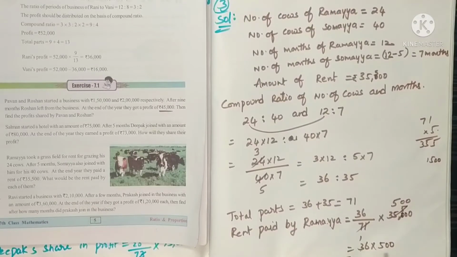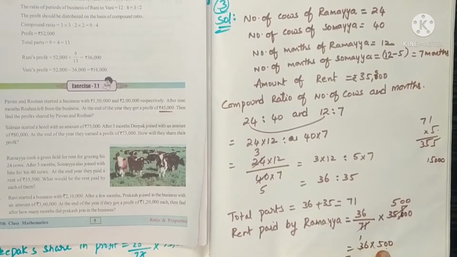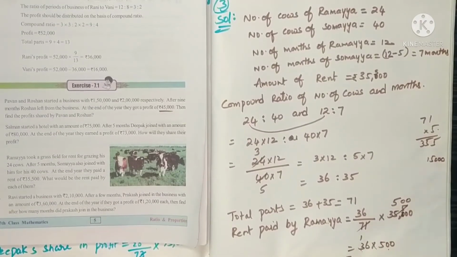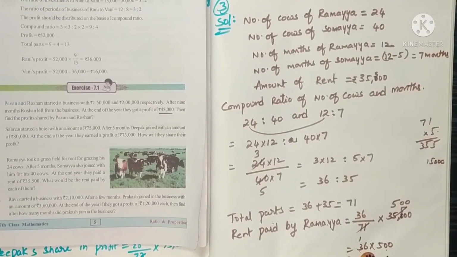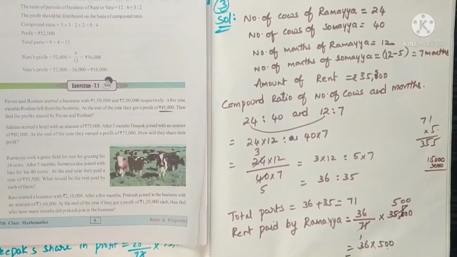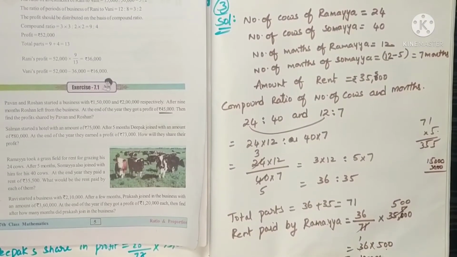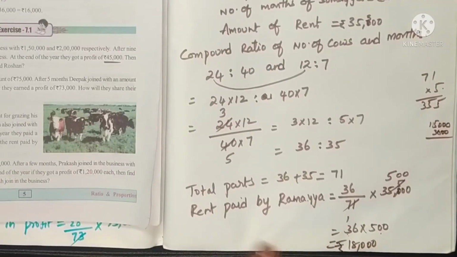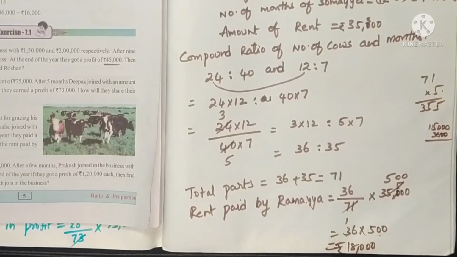So 3 5s are 15. So 3 5s are 15,000. Here already 2 zeros and 3 5s are 15, and 6 5s are 30. So 6 500s 3,000. 15 plus 3, 18,000. So share in the rent by Ramaya 18,000.